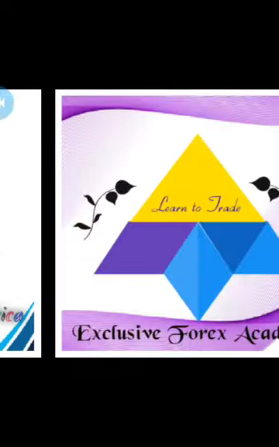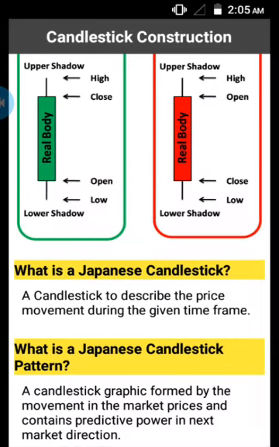Let's move on now. We are going to be talking about candlestick construction. There are 12 major candlestick signals that one needs to learn and be aware of when you trade, whether stocks, futures, commodities, Forex currency, cryptocurrencies, or the other types of instruments or securities that you may trade.